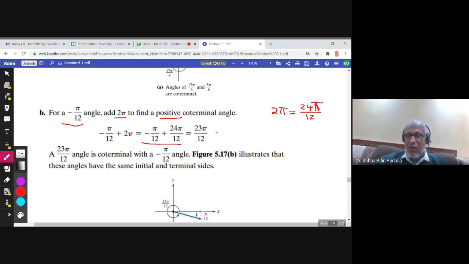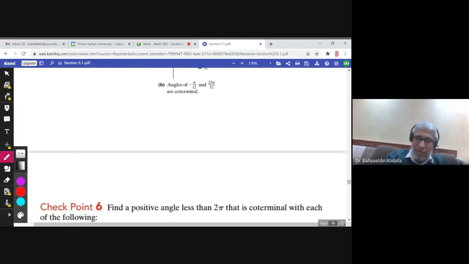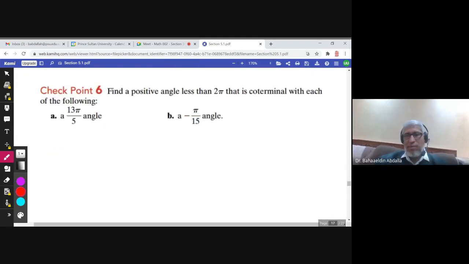This is positive and less than 2 pi, because 2 pi is 24 pi over 12. So this is the required angle, and this is the graph of both of them. This is negative pi over 12, this one in the negative direction, and this is in the positive direction, 23 pi over 12. Both angles are coterminal to each other.